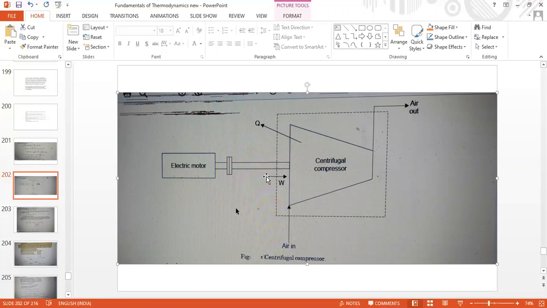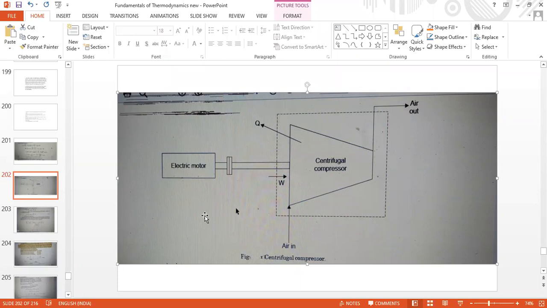Some energy is crossing, some work is crossing. So this requires work, so it is a work consuming device. A compressor consumes work. So if a device consumes work, what is its sign convention? Negative or positive?